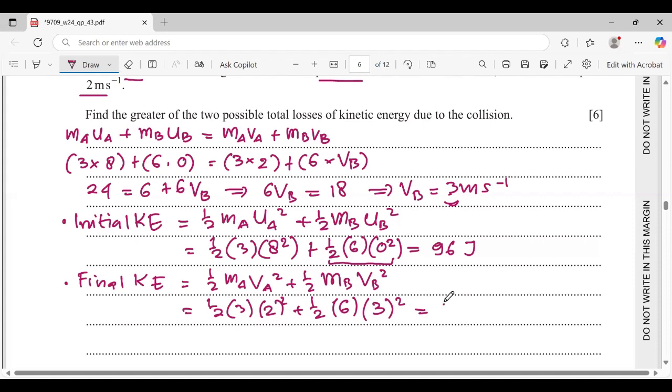If you calculate this, it is 6 plus 27, since 9 times 3 is 27. So it is 33 joule.